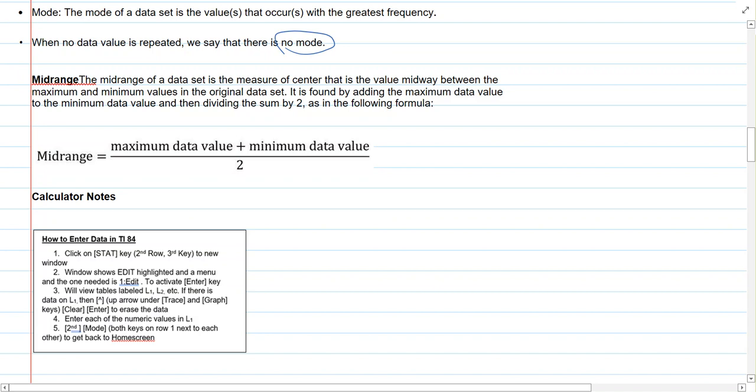The mid-range of the data set is the measure of the center that is the value midway between the maximum and the minimum values in the original data set. It is found by adding the maximum data value to the minimum data value and then dividing by 2. So we have that to consider.